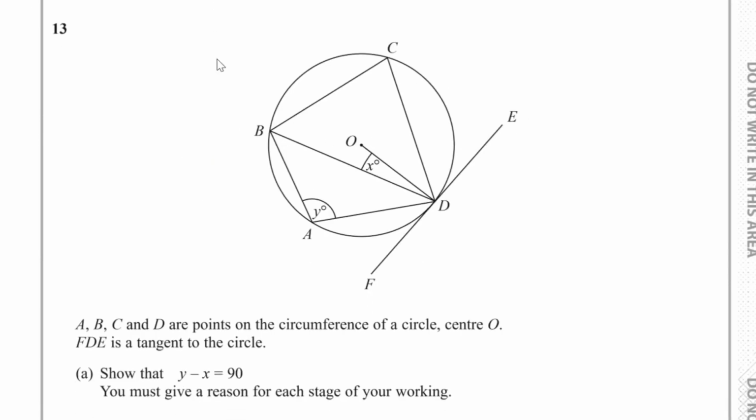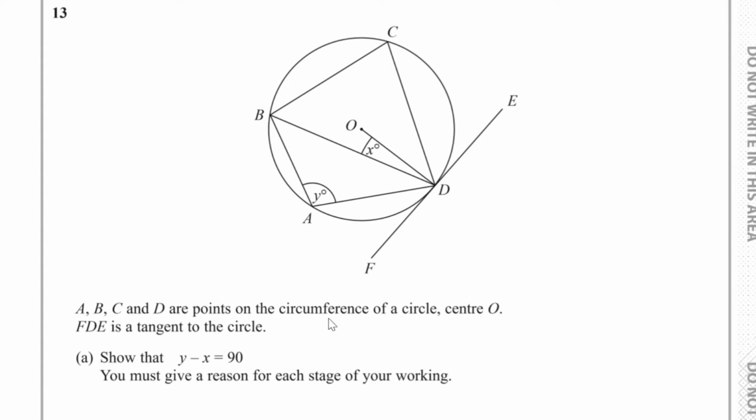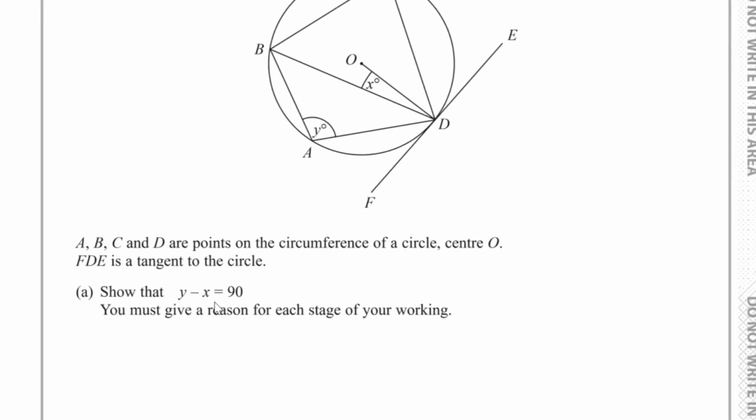Question number 13. A, B, C and D are points on the circumference of a circle with centre O, and FDE is a tangent to the circle. We have to show that y minus x equals 90, giving a reason for each stage of your working. Well, what we can see over here is we've got a tangent and we've got OD, which is a radius.